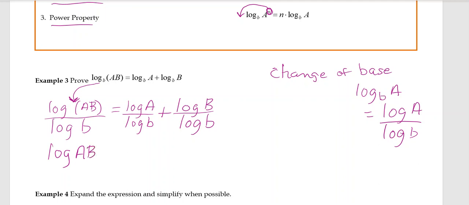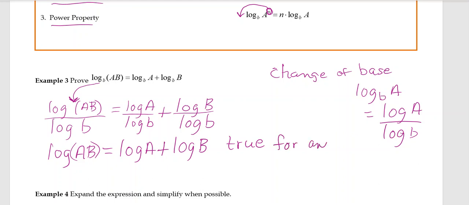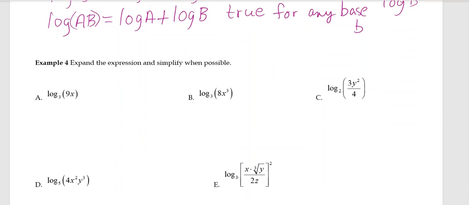The log of AB equals the log of A plus the log of B, and this would be true for any base. In our case, we're talking about base b, but for any base. So that was just a very simple matter to prove that.